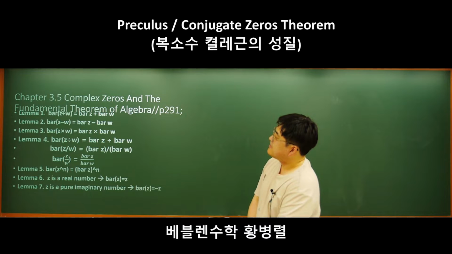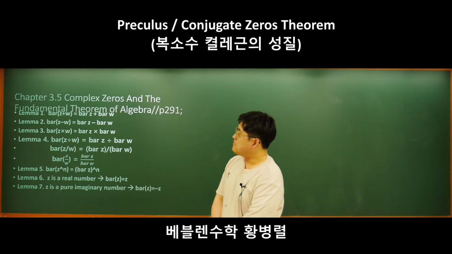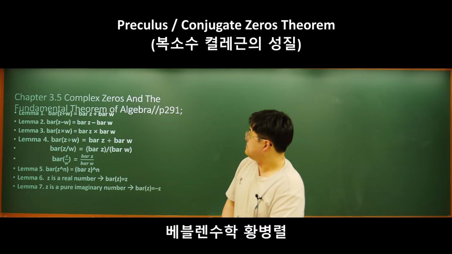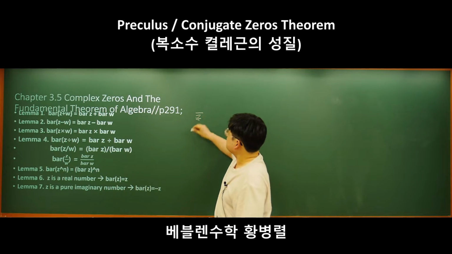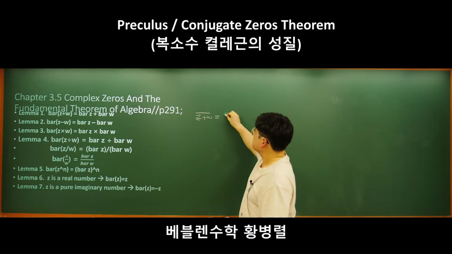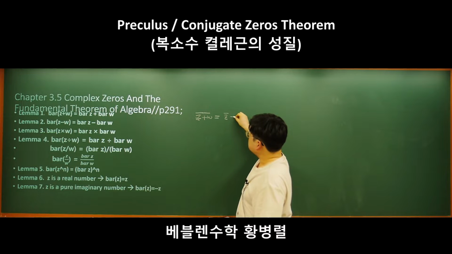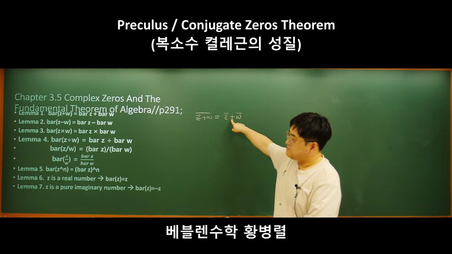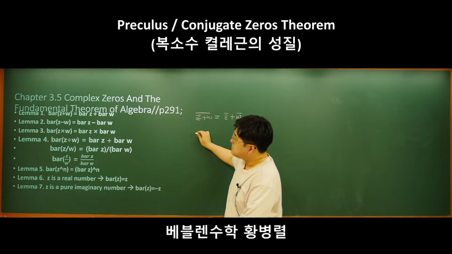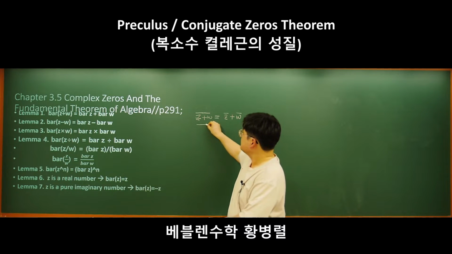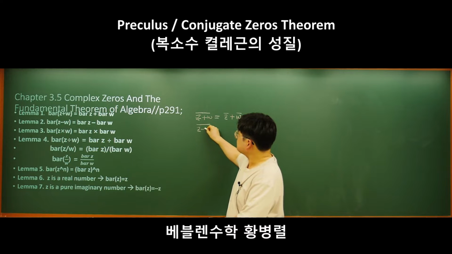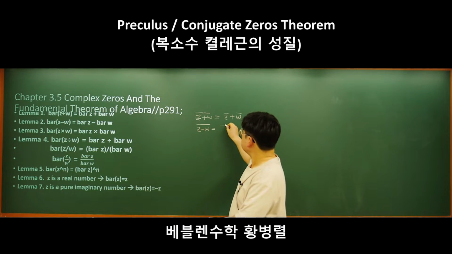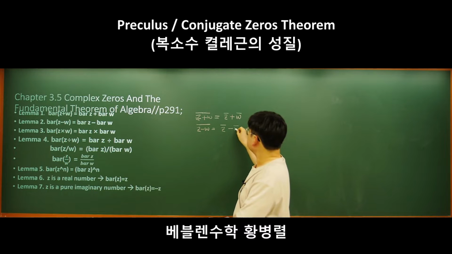Lemma 1. Lemma 1 is the conjugate of z plus w is equivalent to the conjugate of z plus the conjugate of w. Bar can be split by the plus operation. And the second lemma is bar of z minus w is bar z minus bar w.